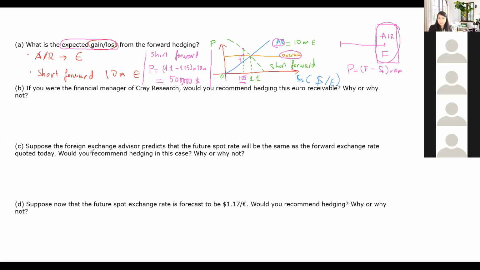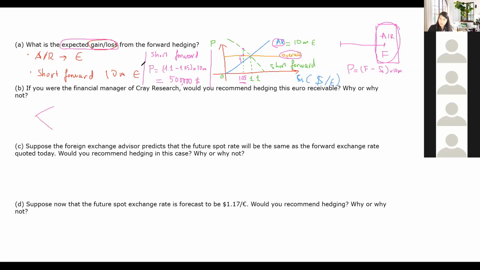I recommend them to hedge because as we have seen in question 1A, it's from 1.1 to 1.05. We have set the rate, so it's not going to be a loss for the company if we hedge, right?